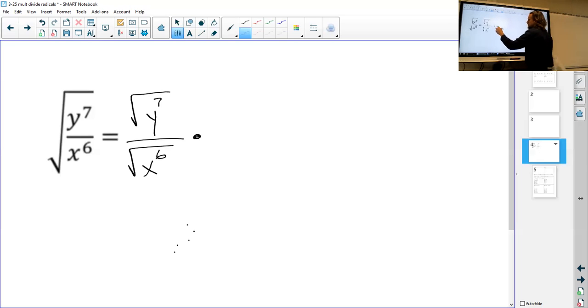Okay, simplest way to get rid of a radical in your denominator, if it's the square root, is to just multiply it by itself, right? Any number times itself will get rid of the square root.